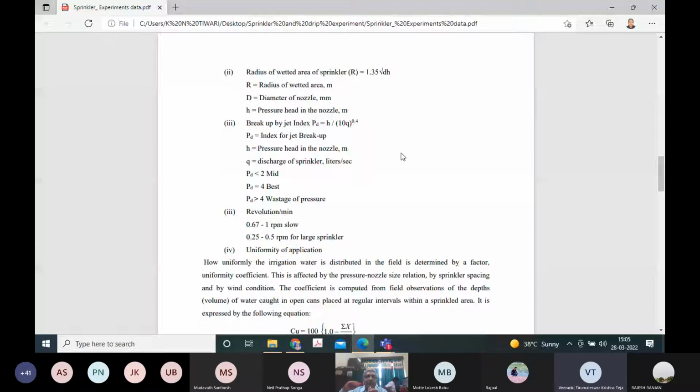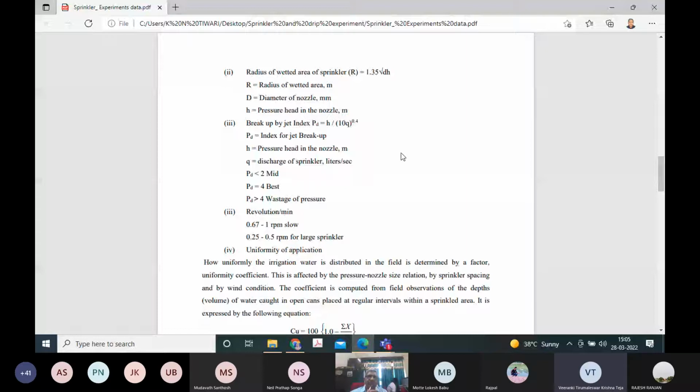If you are measuring the revolution made by the sprinkler in this particular system, and you find it is 0.67 to 1 RPM, revolution per minute, then we say it is slow, and 0.25 to 0.5 is normally meant for a large sprinkler nozzle.